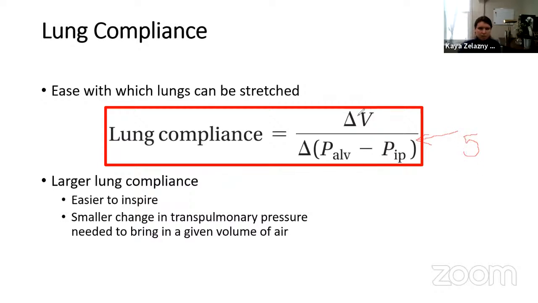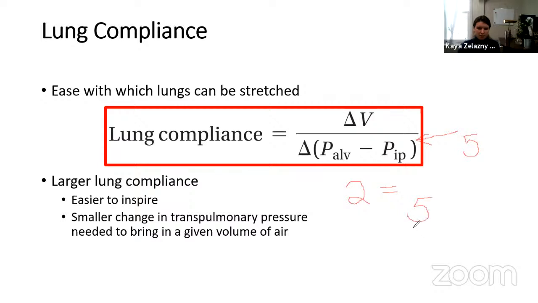Then we want to think about the volume here, because lung compliance has to do with the relationship between this pressure across the lung and the volume of the lung. So let's say we have a lung compliance of 2. We'll make our first sample equation a lung compliance of 2, and we want to know what happens with this change in pressure of 5.